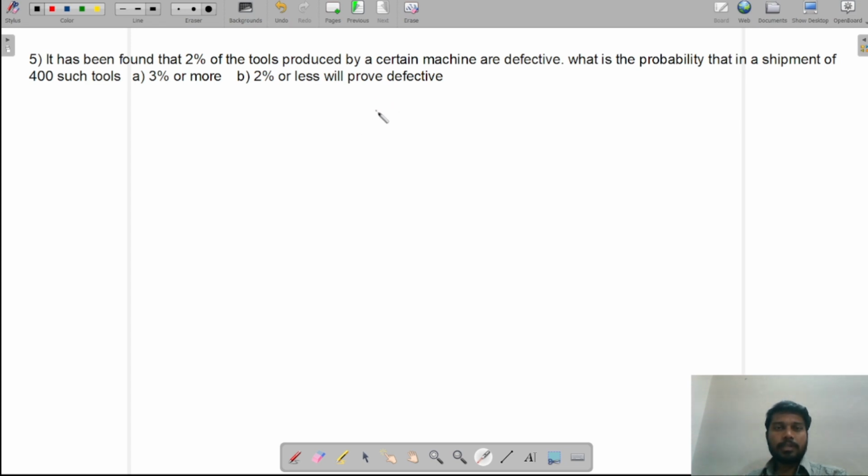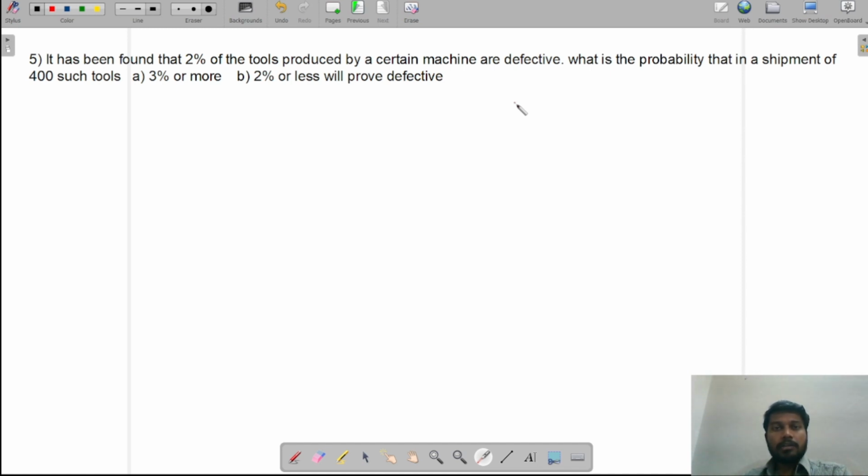We'll see it one more time. It has been found that 2% of the tools produced by a certain machine are defective. So there is a machine producing some tools, and it is producing 2% defective out of 100 percent, right?